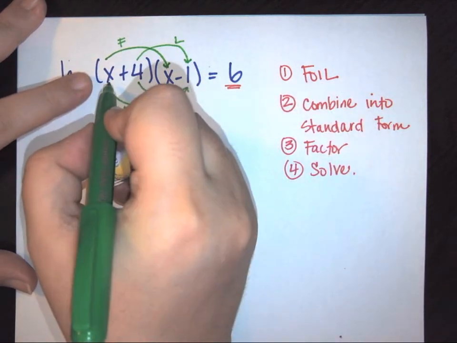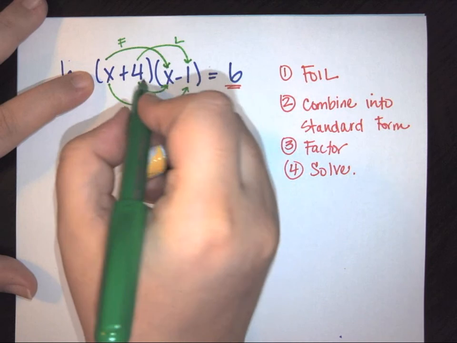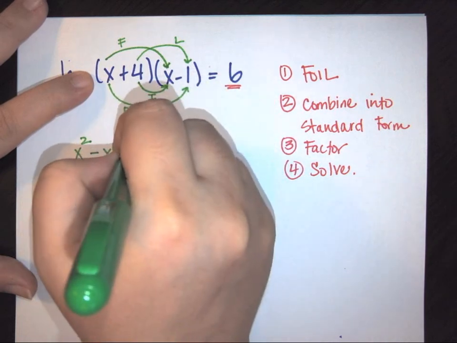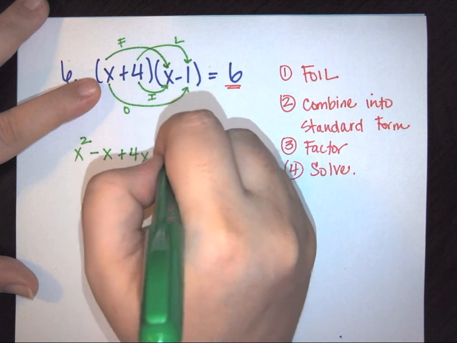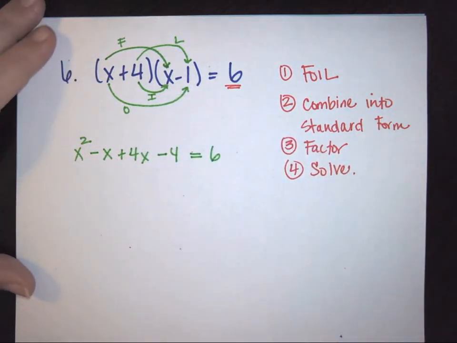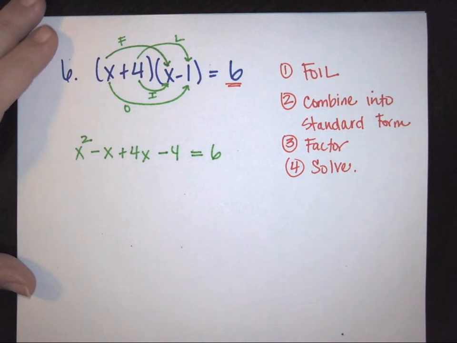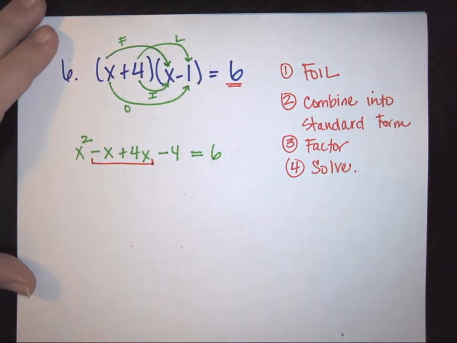Then I have x times negative 1, so a negative x. I have 4 times x, so plus 4x. And then 4 times negative 1 is a negative 4. And remember, this is equal to 6. Here I need to combine these together.